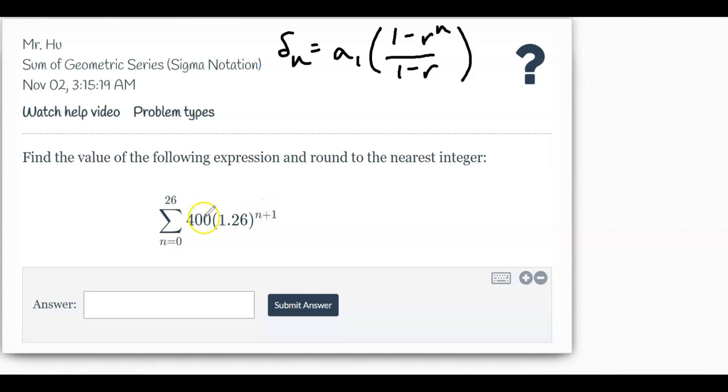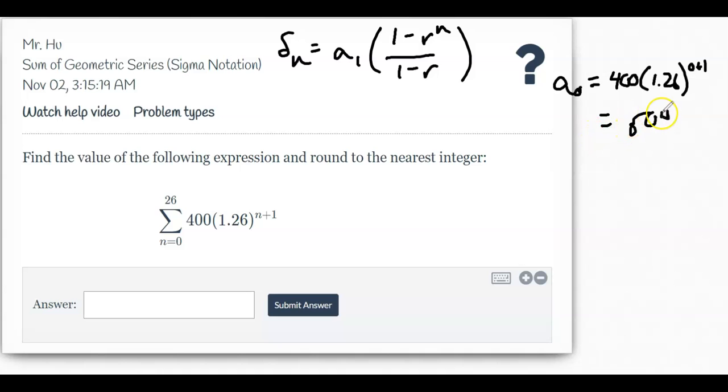So I'm just going to follow this. Again, I only need my first term, so let's go ahead and put that in here. My a sub 0 is 400 times 1.26 to the 0 plus 1 power. That should give me, if I can get my calculator here, 400 times 1.26 should give me 504.